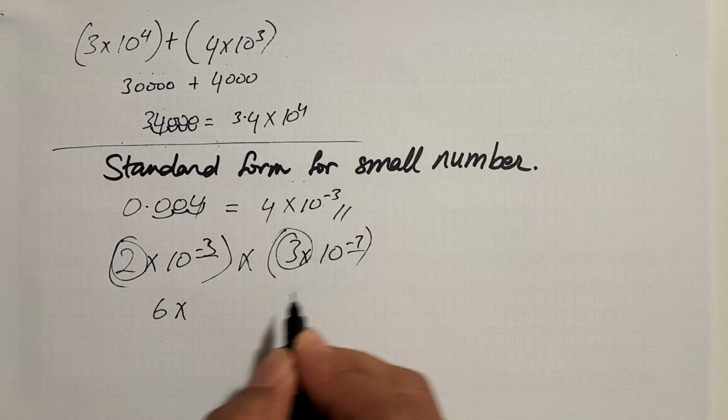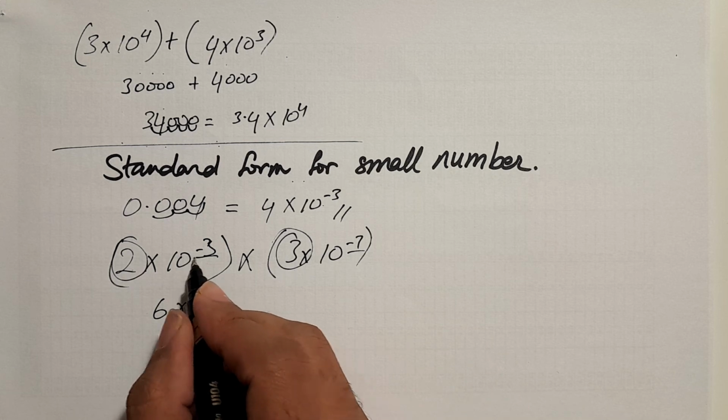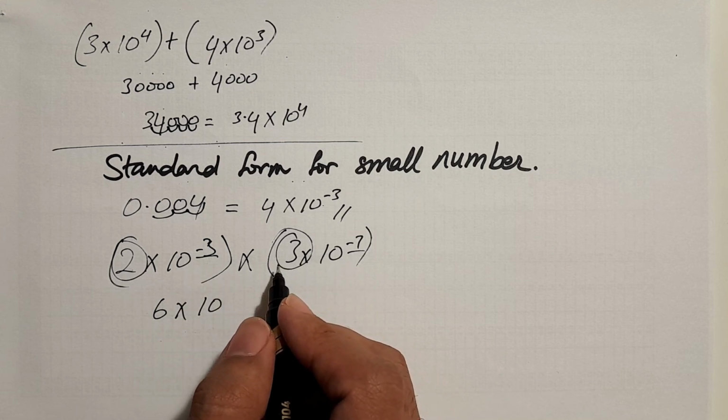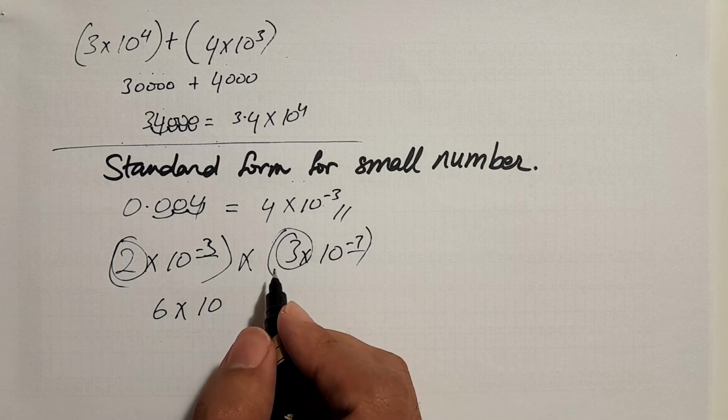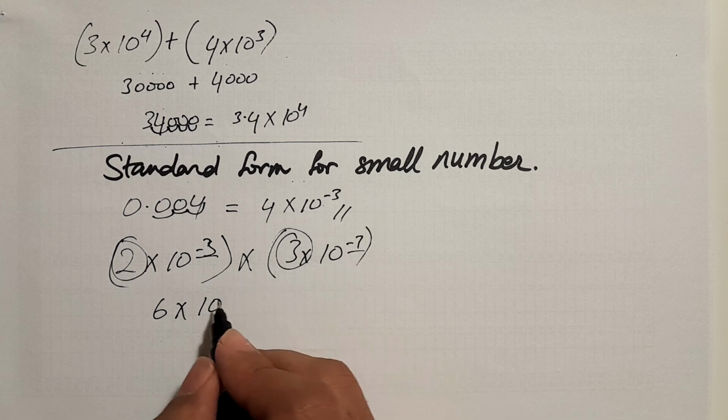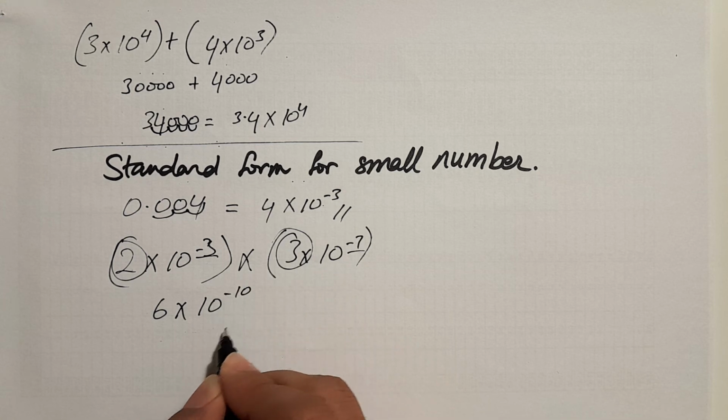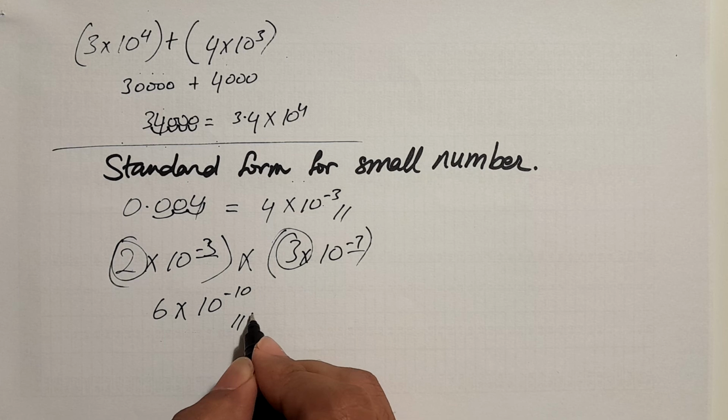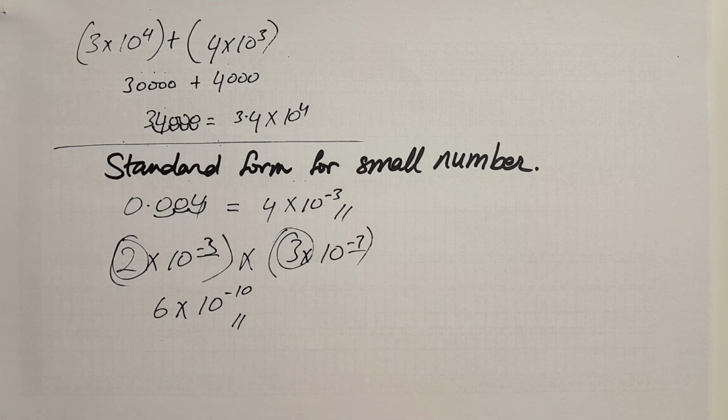Minus 3 plus minus 7 will be 10 to the power of minus 3 minus 7. Minus plus minus will be minus 10. So the answer will be 6 times 10 to the power of minus 10. So this is what we will do in standard form for small numbers.